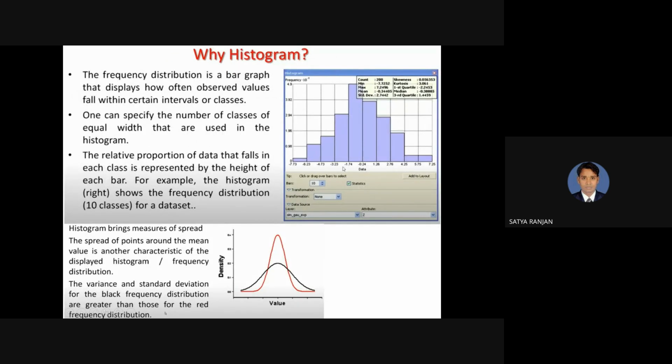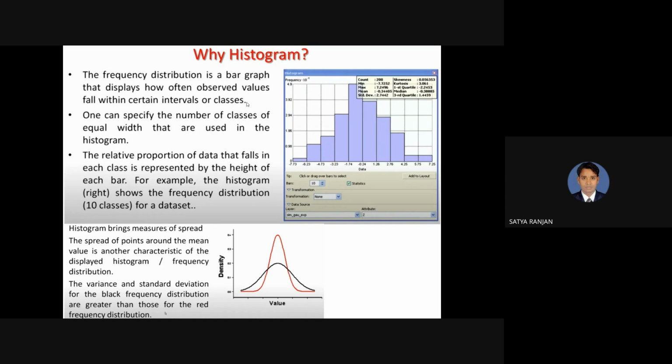So this is the histogram image of different applications. The frequency distribution is a bar graph that displays how often a value is observed within certain interval classes. So basically in the satellite image, the frequency distribution of the different pixel values is classified in histogram form.